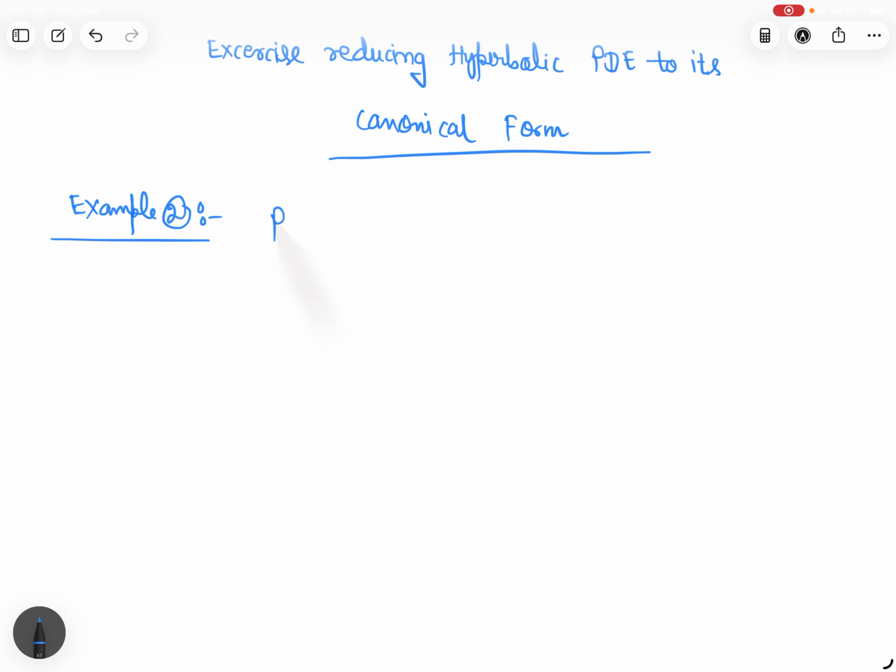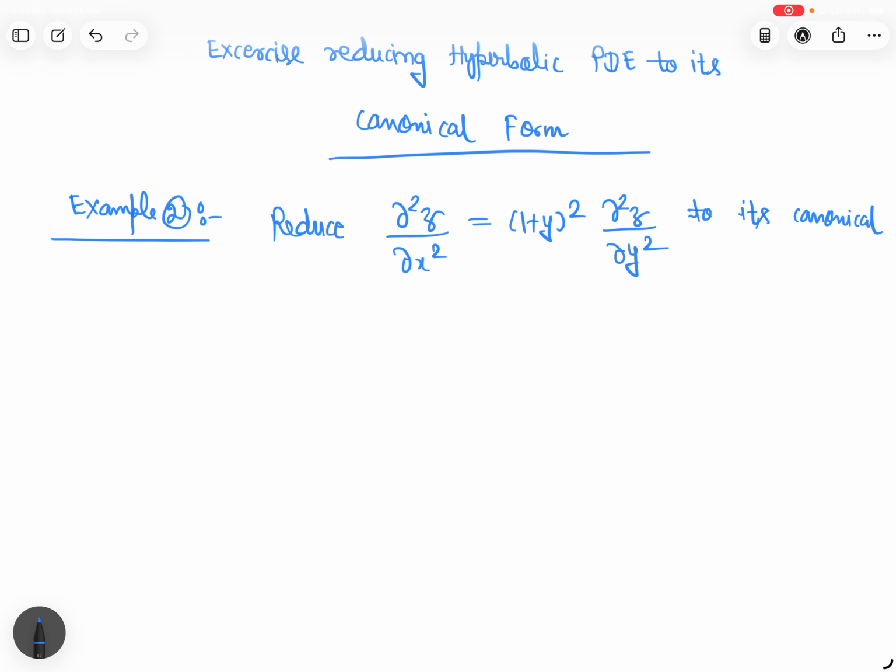Reduce del square z by del x square equals 1 plus y square del square z by del y square to its canonical form.